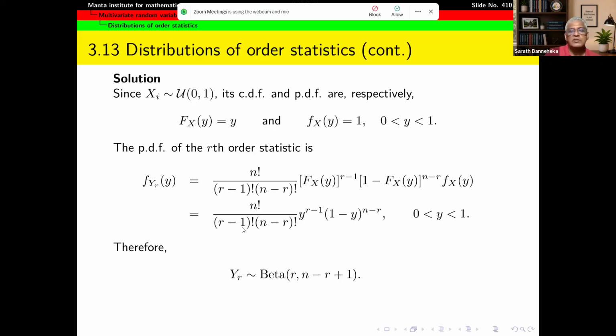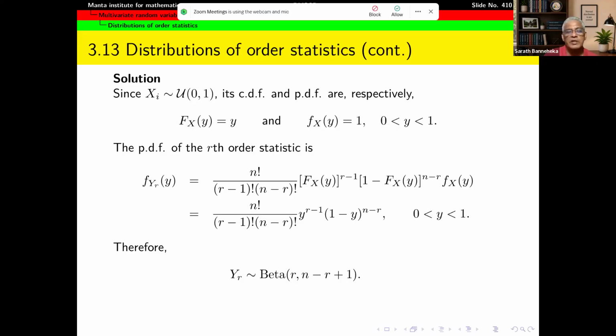And actually, this is the density function of a beta distribution, right? The rth order statistic has a beta distribution with first shape parameter equal to r and second shape parameter equal to n minus r plus 1. So we saw this when we were deriving the third order statistic, for example.